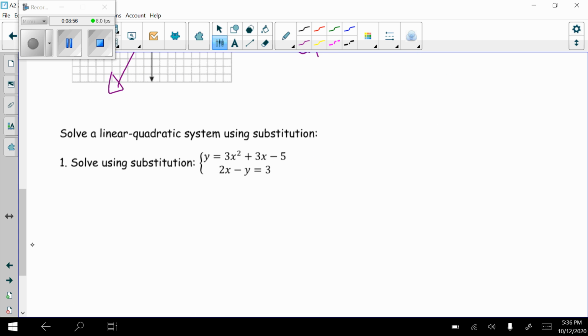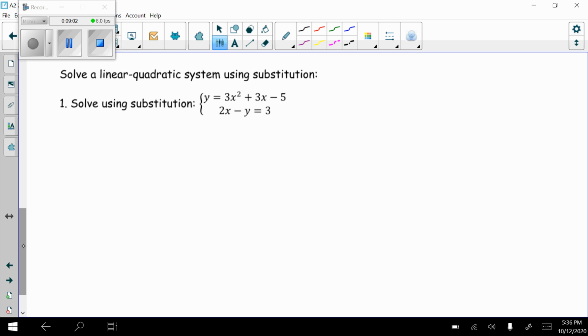So now we want to solve a linear quadratic system using substitution. Remember substitution and elimination from our previous chapter. So I have the system y equals 3x squared plus 3x minus 5 and 2x minus y equals 3. I already have this one solved for y, so I'm going to take this entire thing and plug into that equation for y.